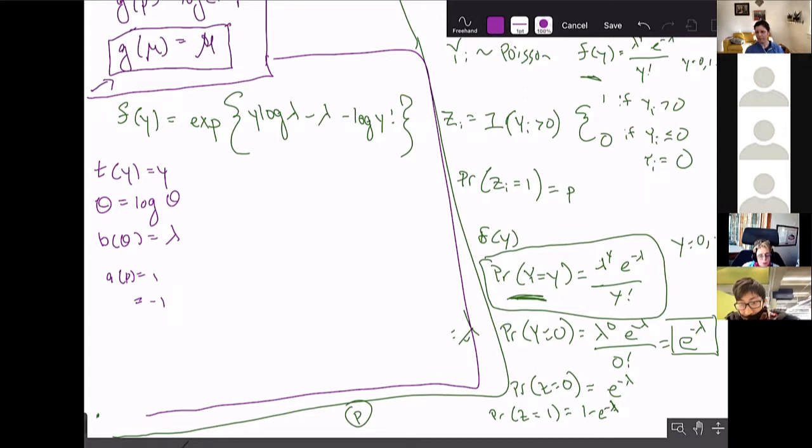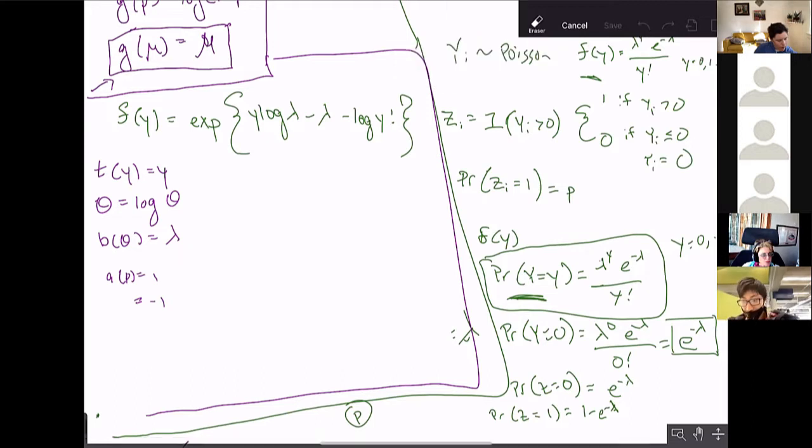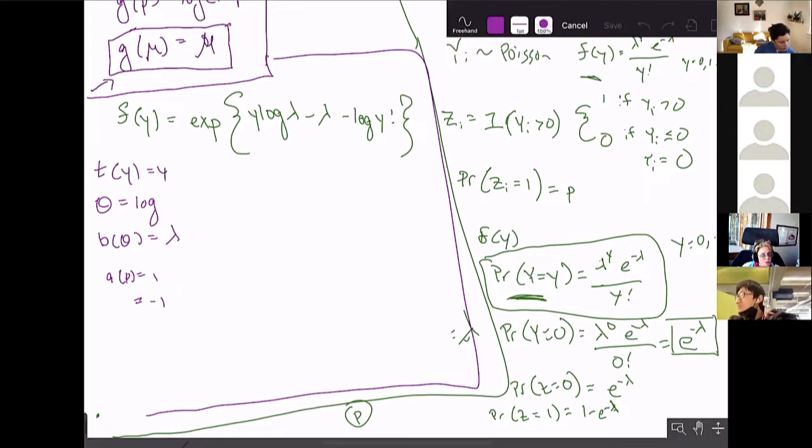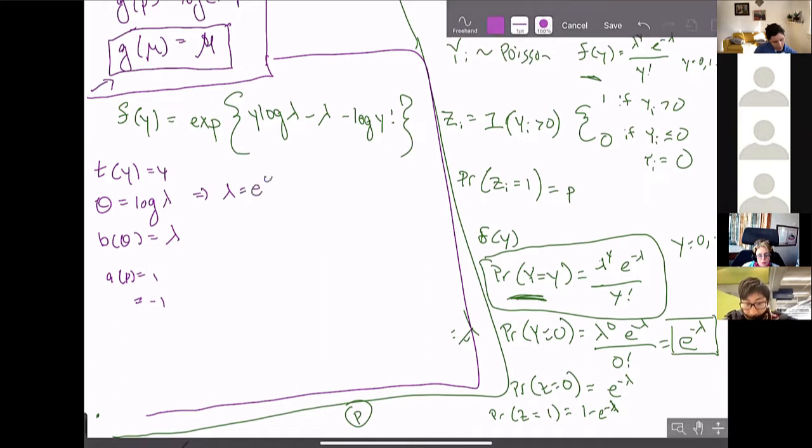For the variance on that one, if we're taking the second derivative of b of theta, I was a little confused if I should just leave it like that. This came up just a little bit earlier. Lambda in terms of theta is going to be e to the theta, and b of theta in terms of theta is going to be e to the theta.